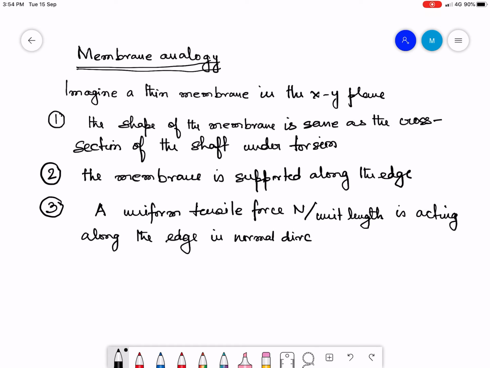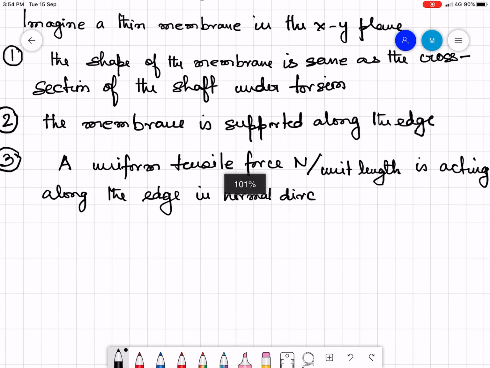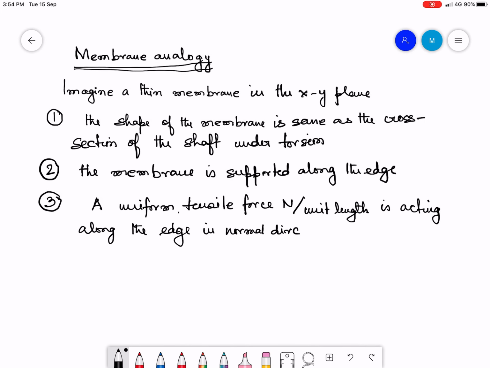So, along the edge there is an in plane, so uniform in plane tensile force. So, this is going to be in plane tensile force. So, a uniform in plane tensile force of N per unit length is acting along the edge in the normal direction. That is the third point.